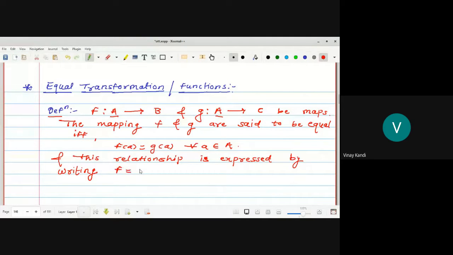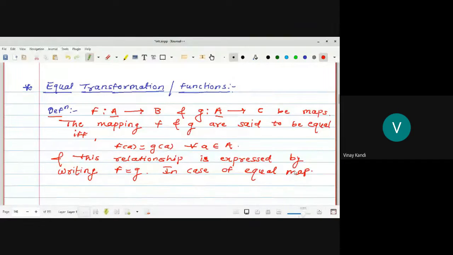Then we can write f is equal to g in the case of equal maps: equal function, equal mapping, or equal transformation.